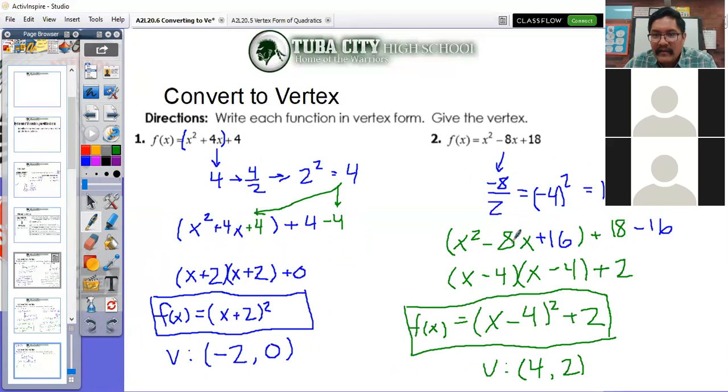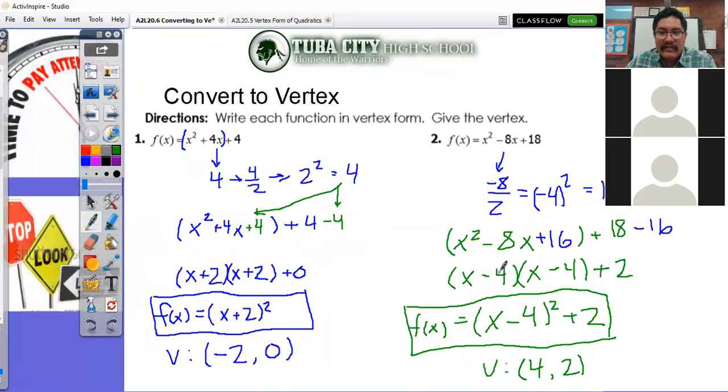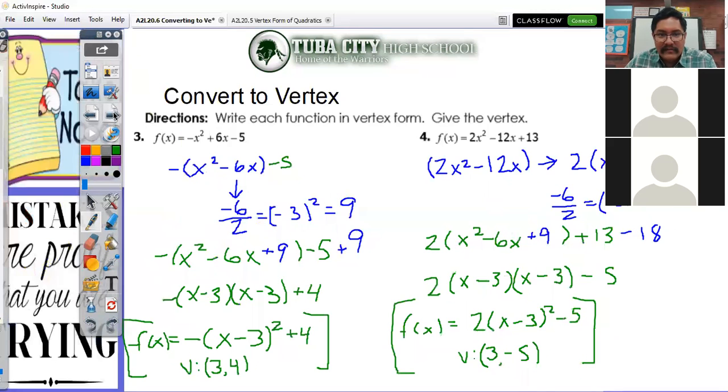So you get the root of this one, but you get half of the b value. So again, if you take 8, divide it by 2, you get 4. Take the square root of 16, you also get 4. Here we take half of -6, which is -3, and you take the root of 9, which again can include both negative and positive 3.